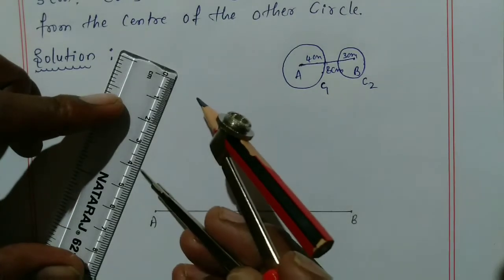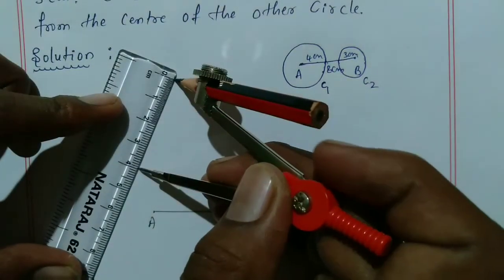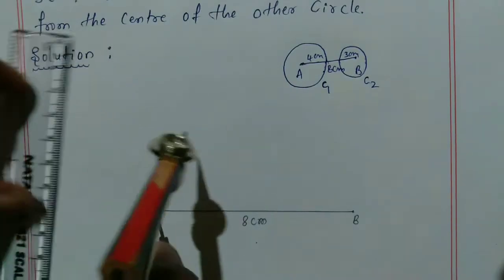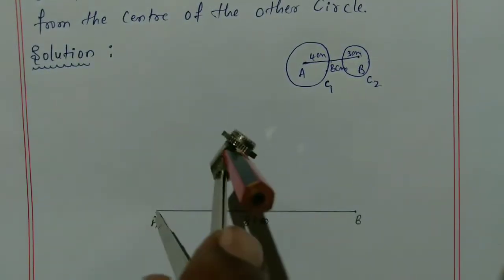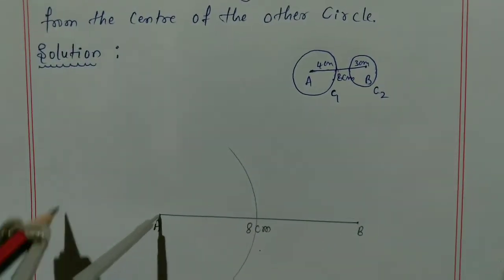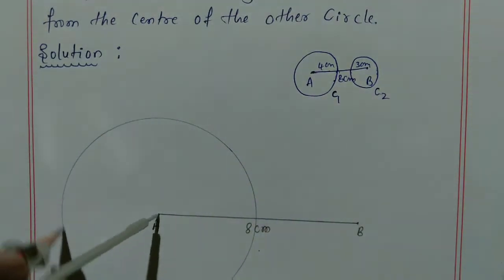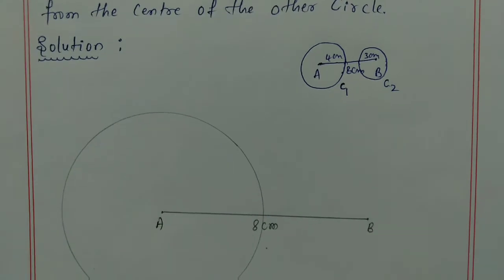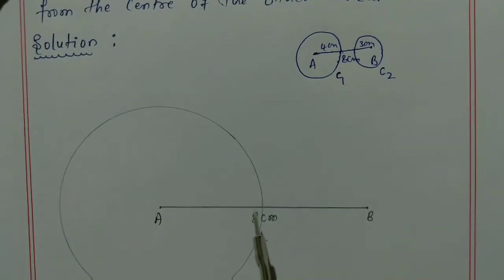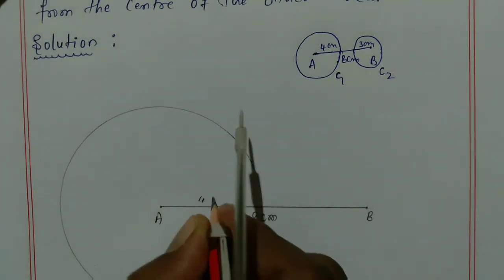With the help of compass, you can take 4 centimeter. Consider A as center and draw the C1 circle. So this is the C1 circle of radius 4 centimeter.